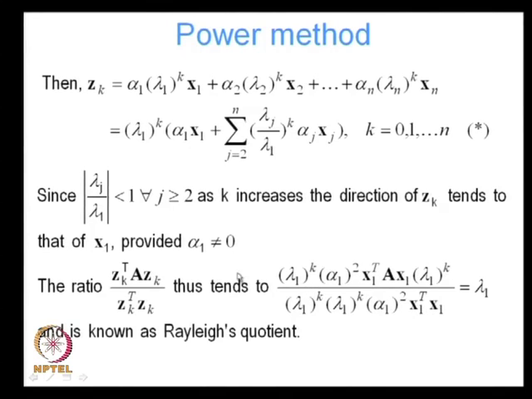So, this is the numerator, and in the denominator I get lambda 1^k alpha 1 squared x1 transpose x1. So, these terms cancel out, lambda 1^k cancels out, alpha 1 squared cancels out. So, I eventually get this term which is equal to lambda 1 and is known as Rayleigh's quotient.